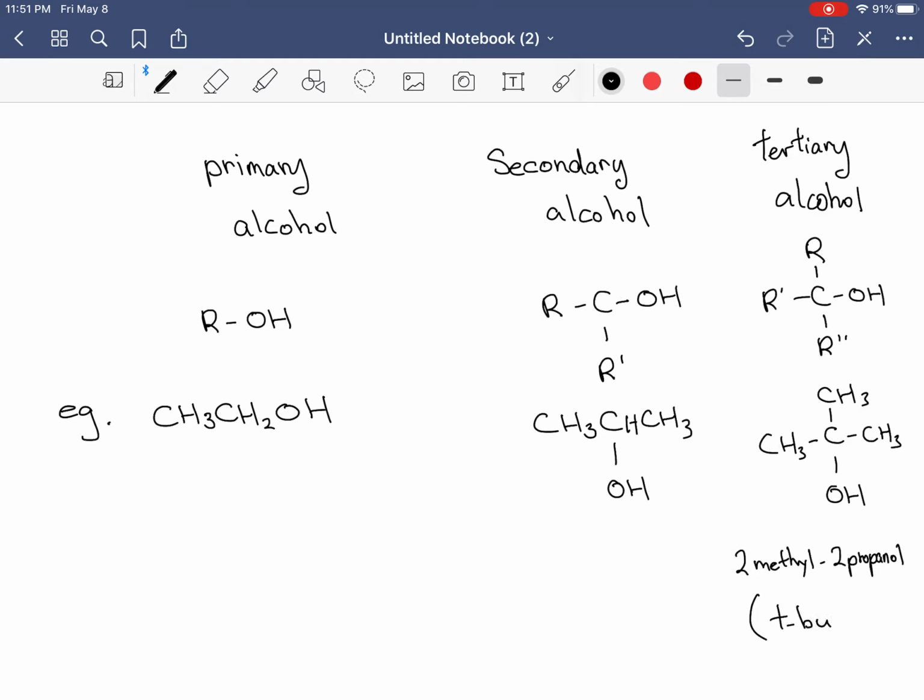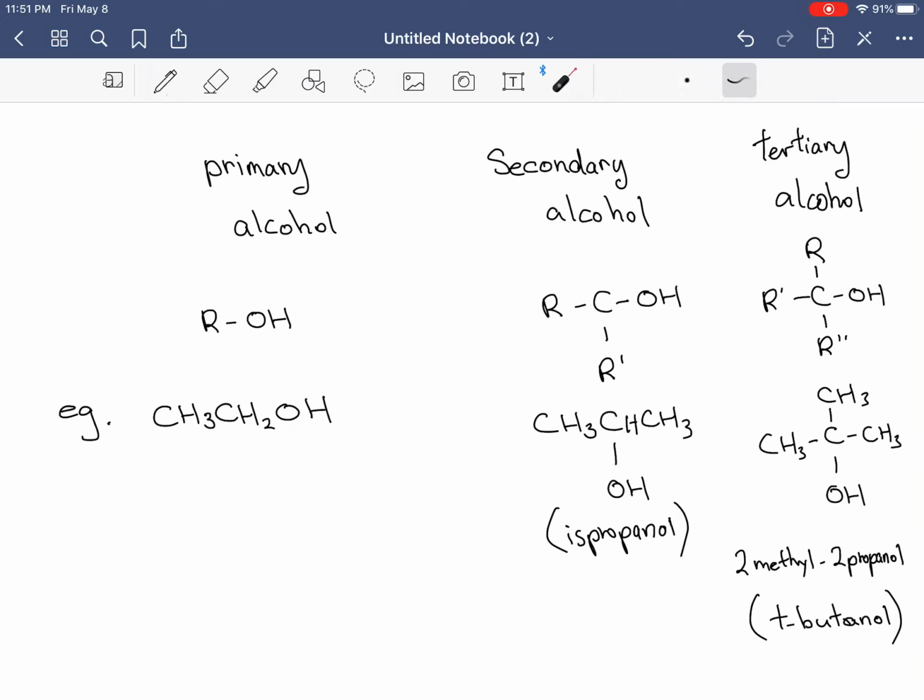In fact, they call this tert-butanol. Some people call it that too, because hopefully you'll see that it's a tert-butyl group connected to OH. So tert-butanol is totally legitimate, and people do say that, just like how people would call this isopropyl.